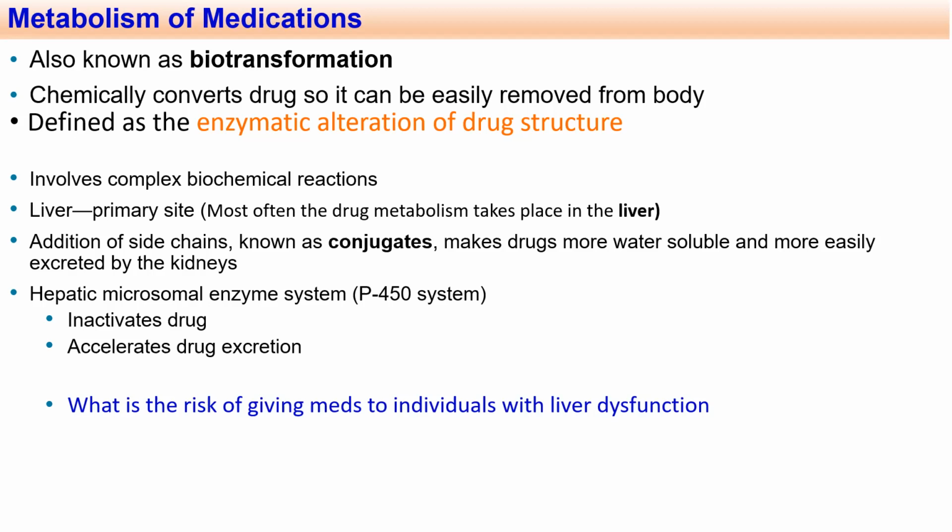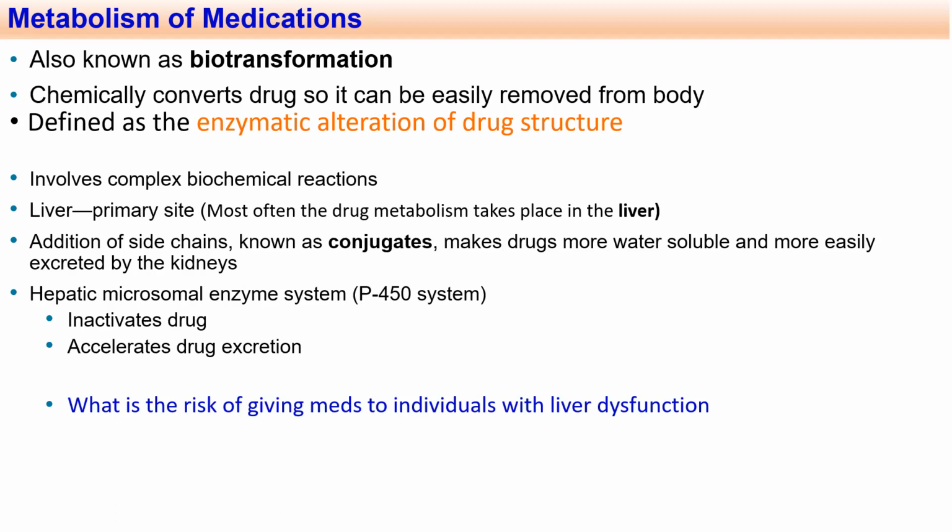Metabolism of medications. It's also known as biotransformation. So it chemically converts the drug so it can be easily removed from the body. Hence defined as the enzymatic alteration of drug structure.